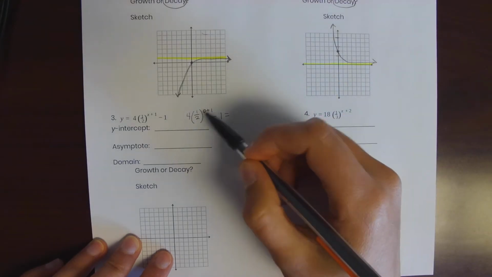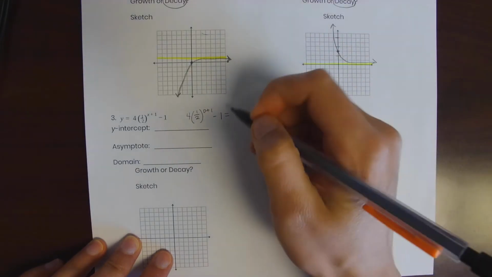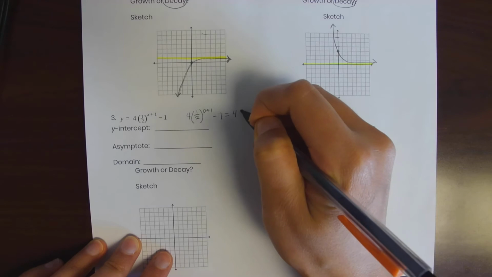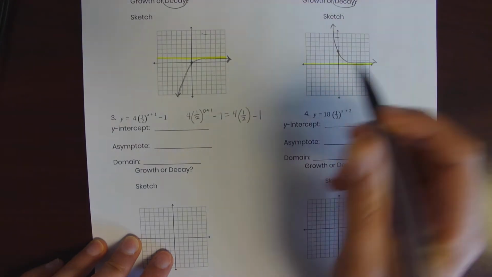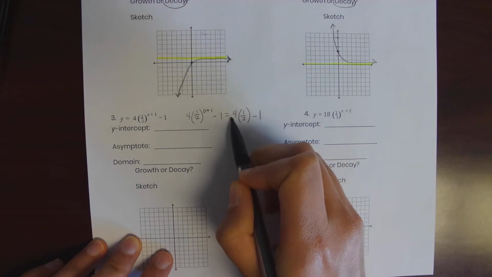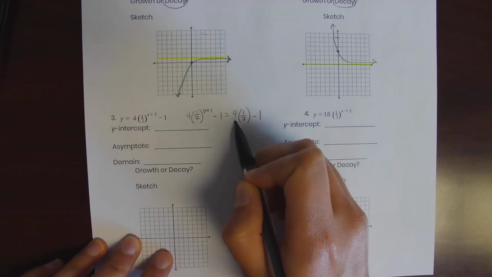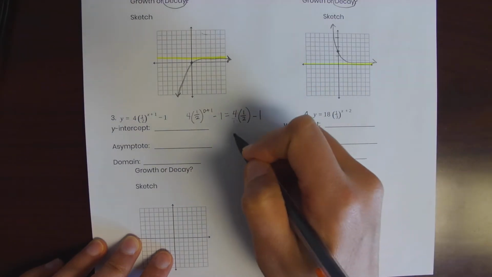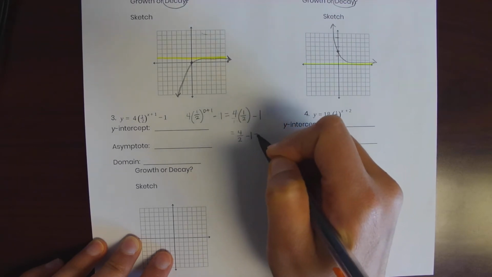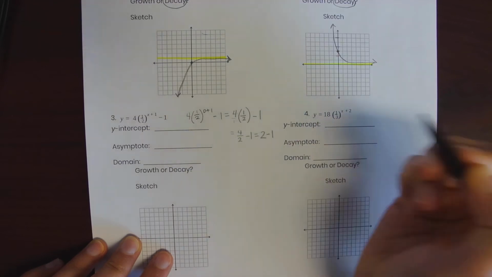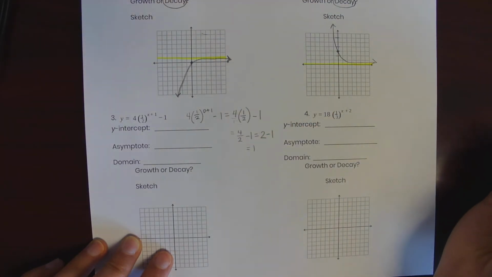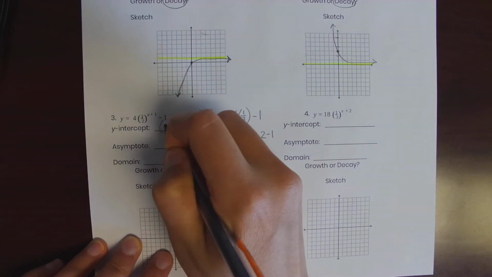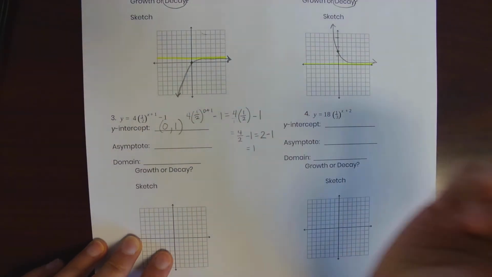And any number to the first power is just going to be itself. So I have 4 times 1/2 minus 1. When I go to multiply here, remember 4 is over 1, and you just multiply straight across. So this will be equal to 4 over 2 minus 1, which is 2 minus 1. So my y-intercept will be equal to 1. So this will be 0, 1.